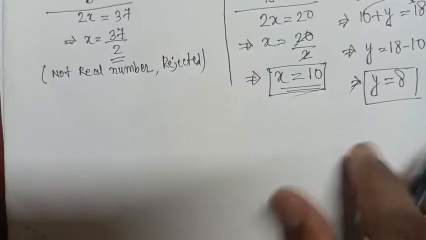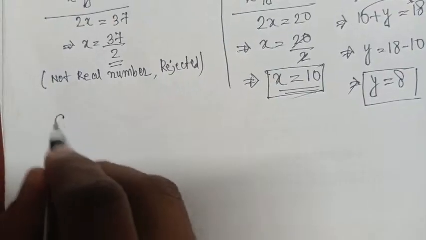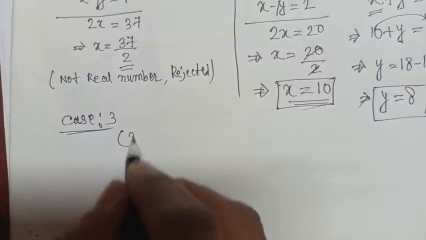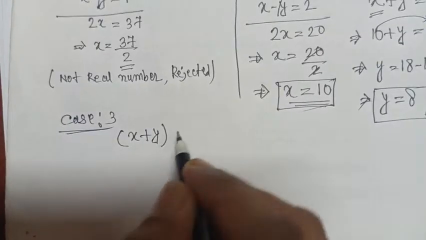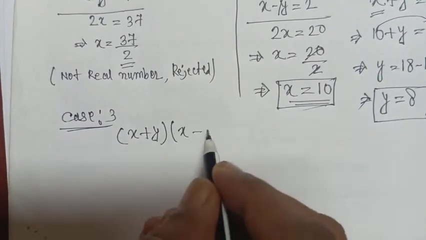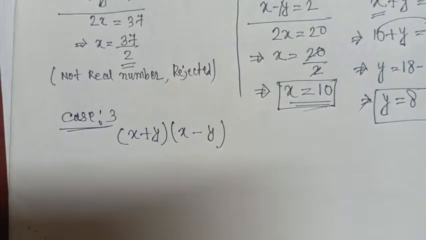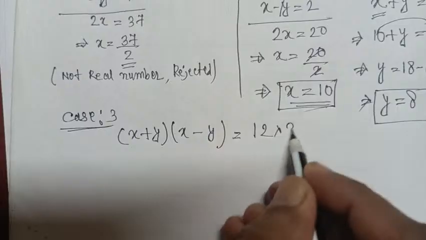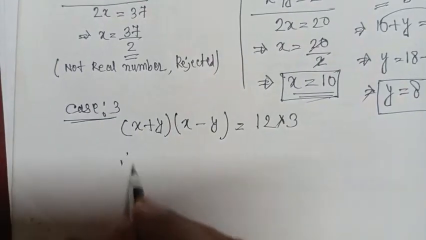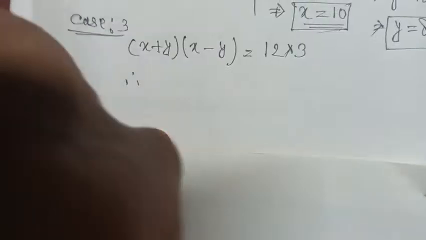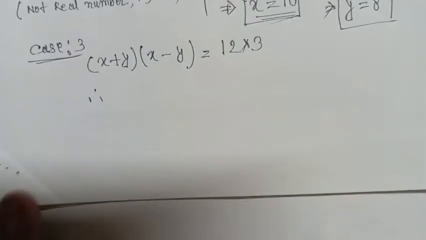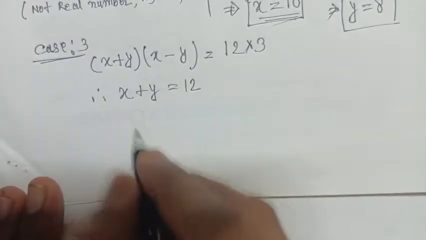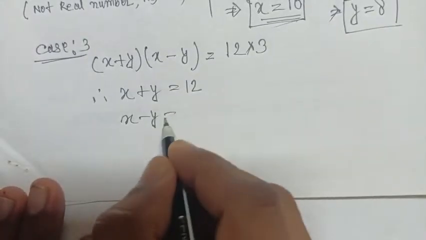Now we move to case 3, where x plus y into x minus y equals 12 into 3. Now if we compare both sides, then x plus y should be 12 and x minus y should be 3.